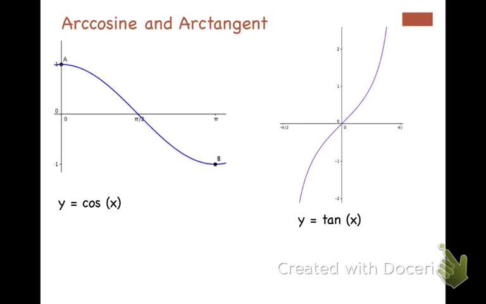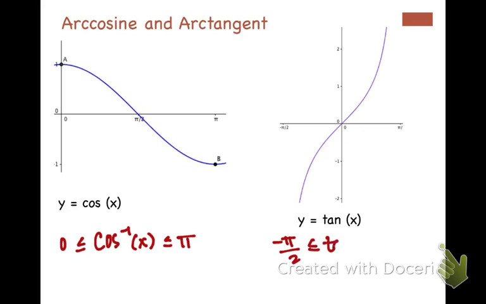Cosine gets restricted to be between 0 and pi, so that would make cosine inverse of x be between 0 and pi. And then tangent gets restricted like sine does, between -pi/2 and +pi/2.